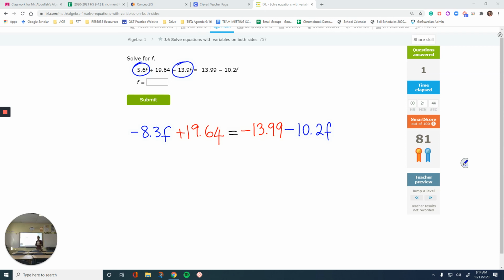So again, I want to deal with the variables first. I'll either add this number to each side or add that one to each side. I want to add a bigger number. Instead of 8.3, I want to add 10.2, because then I will end up with a positive number.